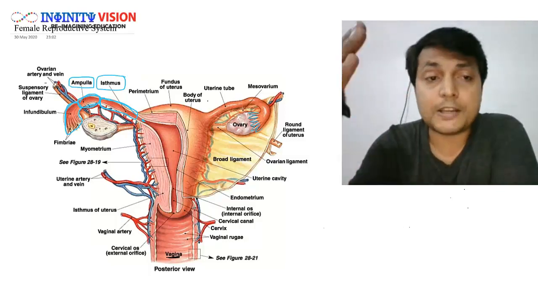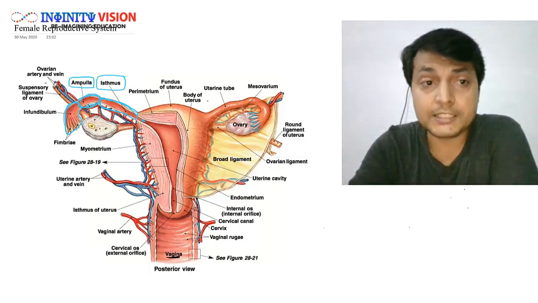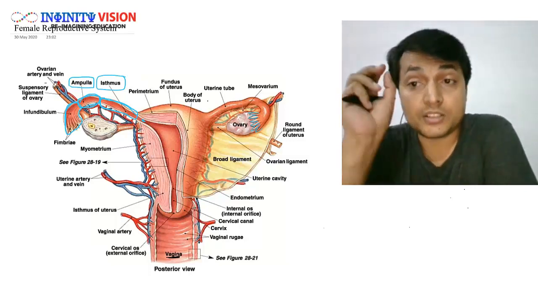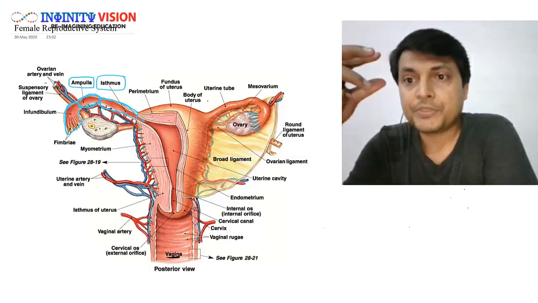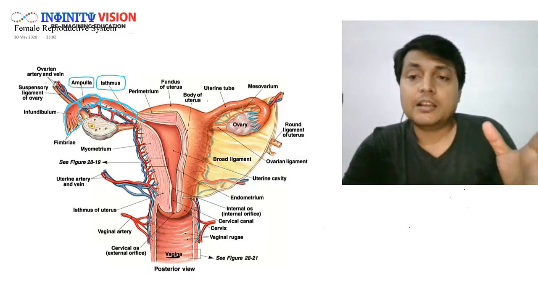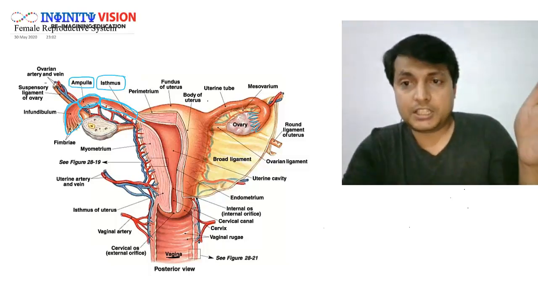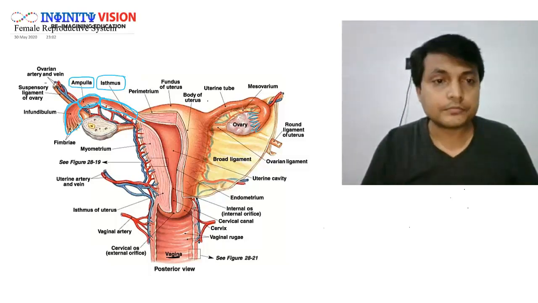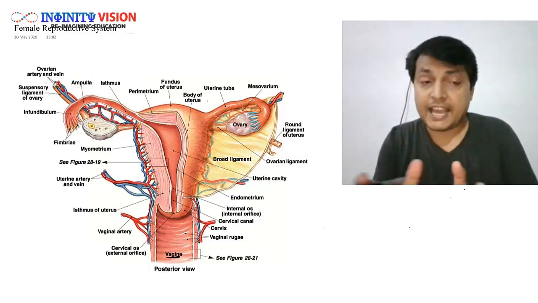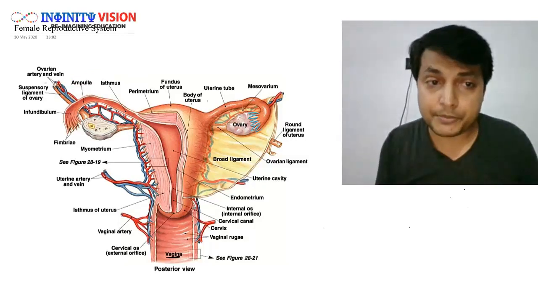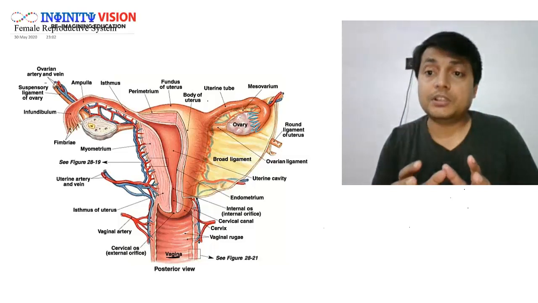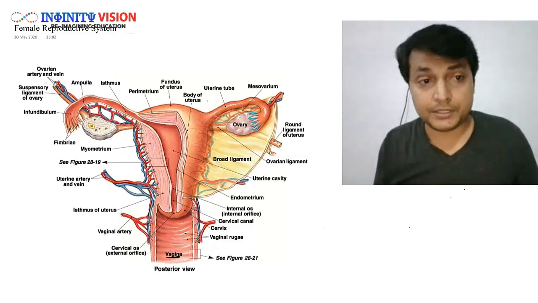So the fallopian tube is divided into different parts: isthmus, ampulla and infundibulum, out of which the isthmus is the narrowest, the ampulla is next, broader than the isthmus, and the infundibulum is the broadest part. Great. And this infundibulum at its end has finger-like projections called fimbriae, which help in collecting the released ovum from the ovary.